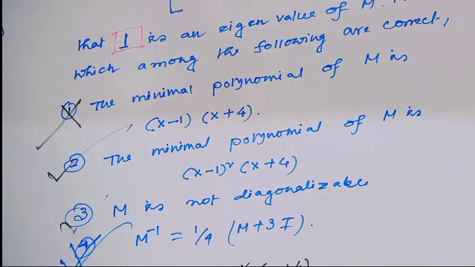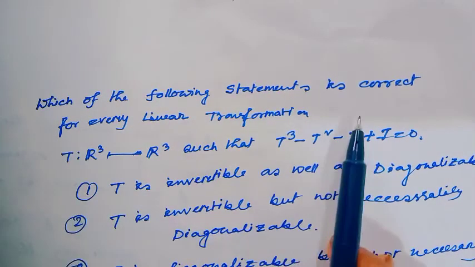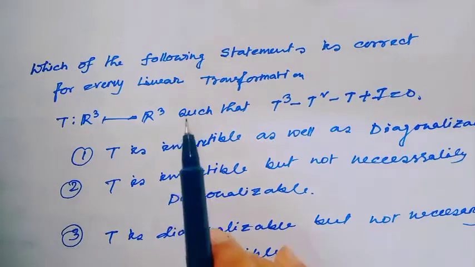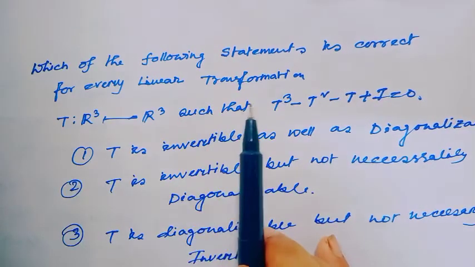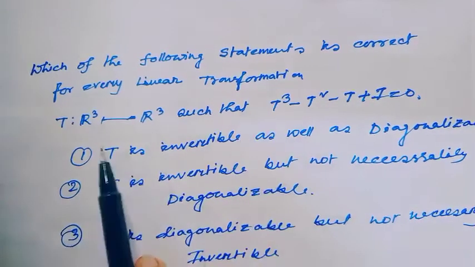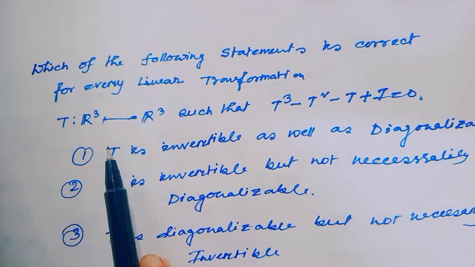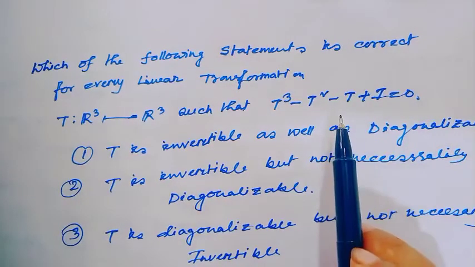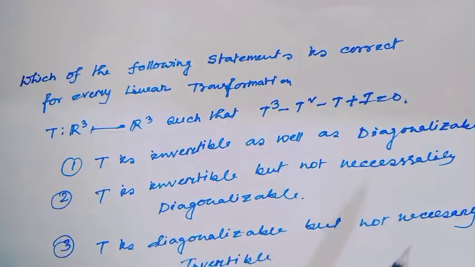Well. Next question is, which of the following statements is correct for every linear transformation? Here the linear transformation is given as T from R3 to R3 such that T cube minus T square minus T plus identity equals the 0 operator.